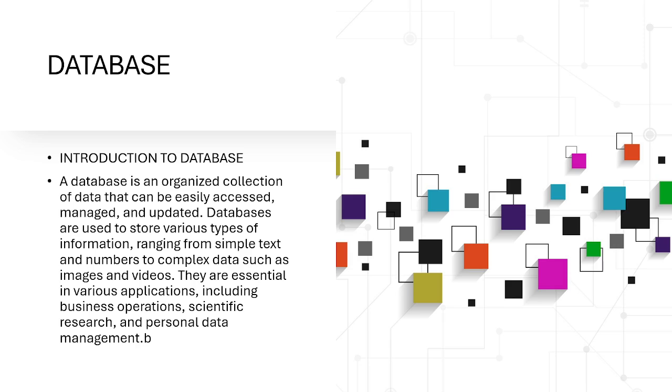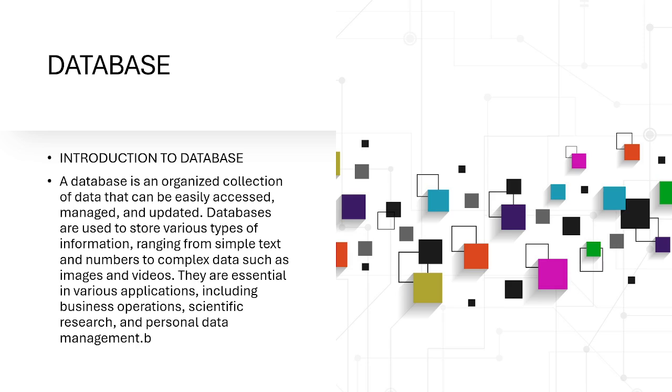They are essential in various applications. So for example, when you go online to get something or you go to an application or website, every application or website actually has a database in it. So when you're interacting with that particular website or app, it's actually collecting your data and storing it in a database. So when you go online to buy stuff on an e-commerce website, the first time, it's going to get your information as a customer and store it in the customer database.